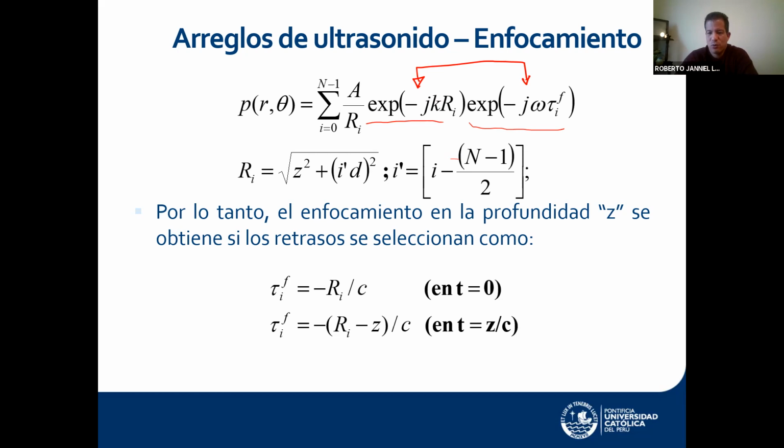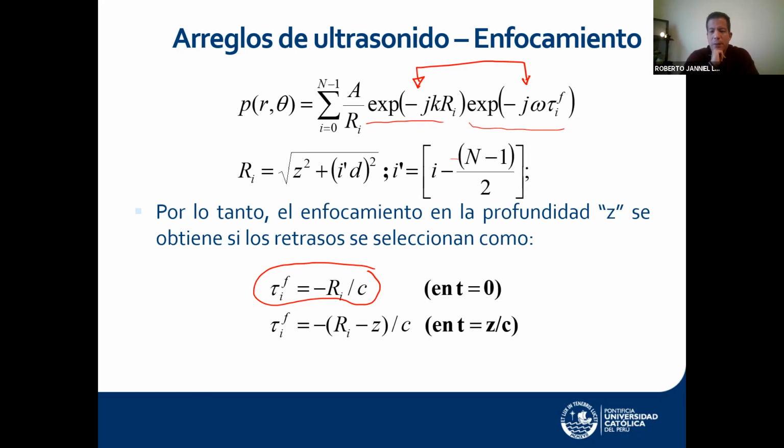This is just the original equation. The only thing that I need is that the arguments of those two exponentials cancel each other, which means, technically speaking, that I need to apply delays that are equal to minus the distance from the elements to the depth that I want to focus at divided by the sound speed.